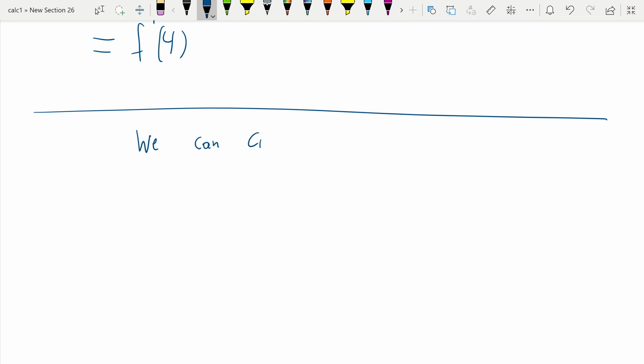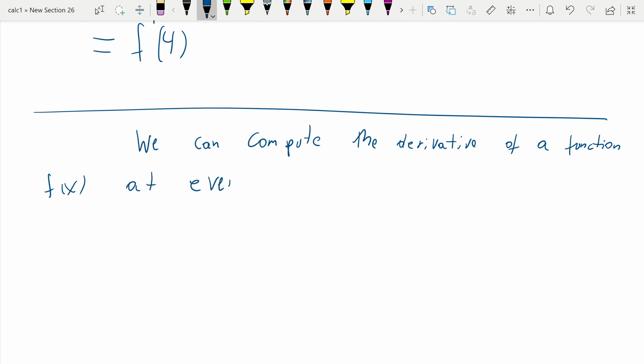We can compute the derivative of a function f of x at every point x. This gives us a function.